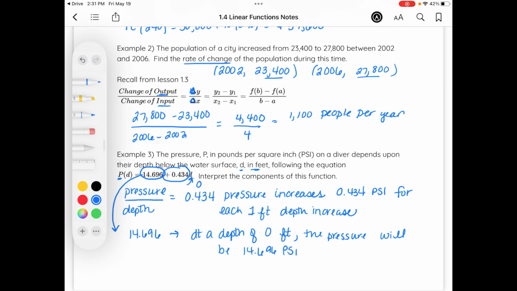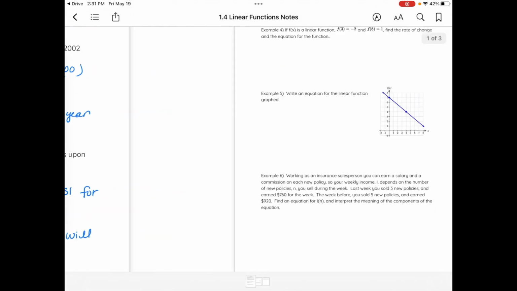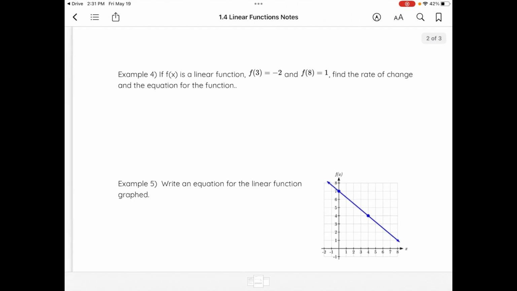So understanding the variables and what each individual variable means is important to the interpretation within.